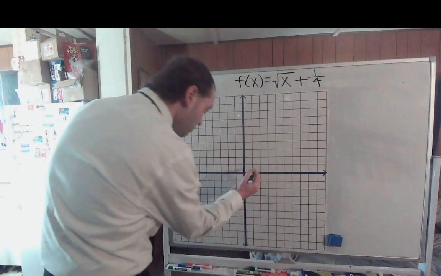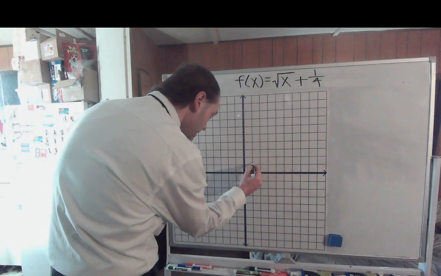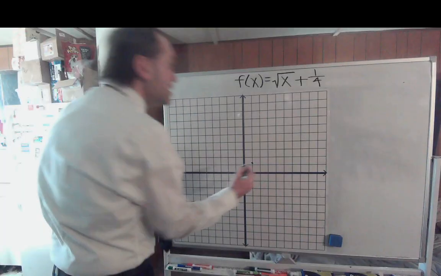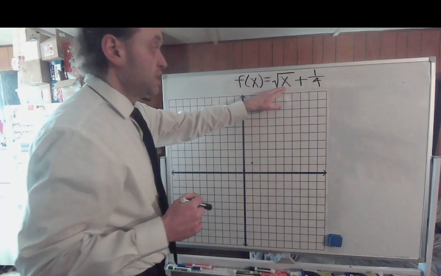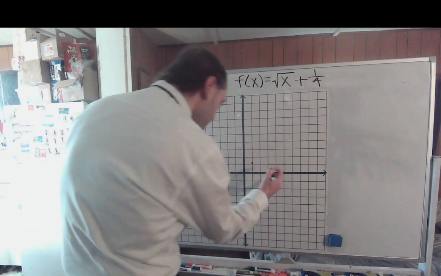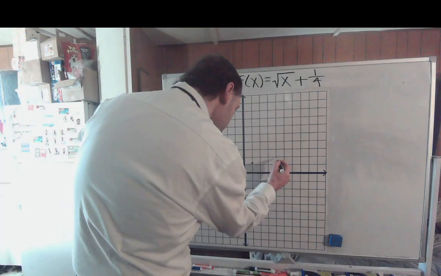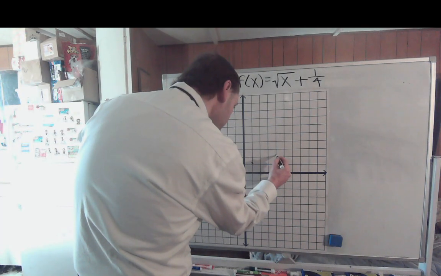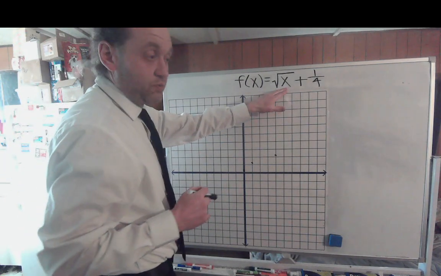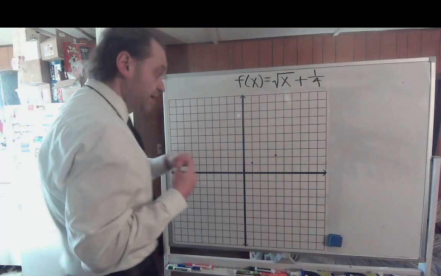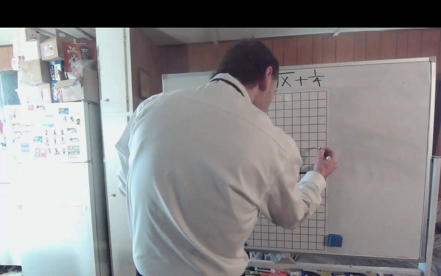That puts me at 1, 1 1/4, about right there. Then if I take the square root of 4, that's 2 plus 1/4, which would put me at 2 1/4, about right there. And then if I take 9 for x, the square root of 9 is 3, so I would get about 3 1/4.